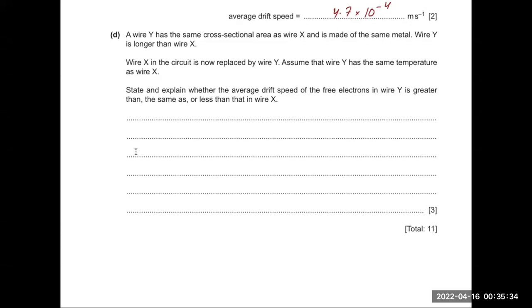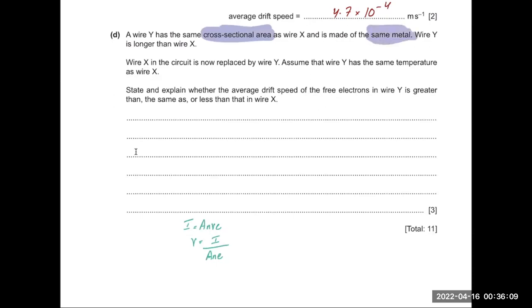So let's write down the formula. I equals A N V E, or V equals I over A N E. We're talking about the drift speed. Now, the first part here is current. But current depends on the resistance. Wire Y has the same cross-sectional area, so that does not change the resistance.